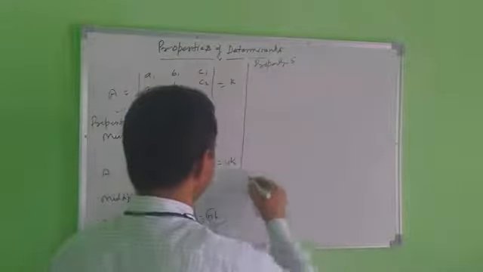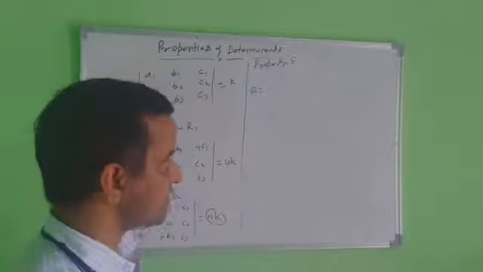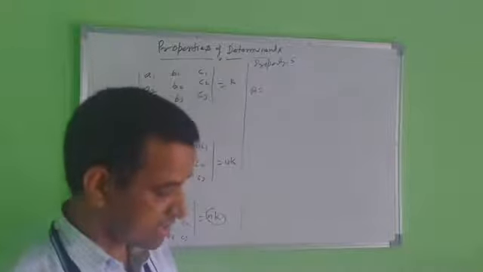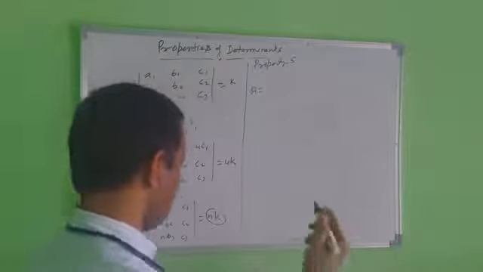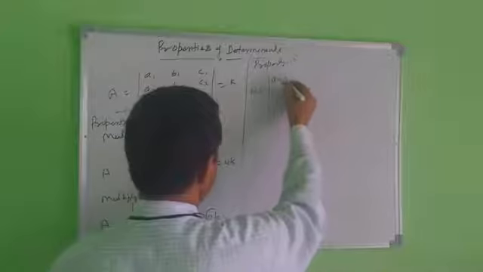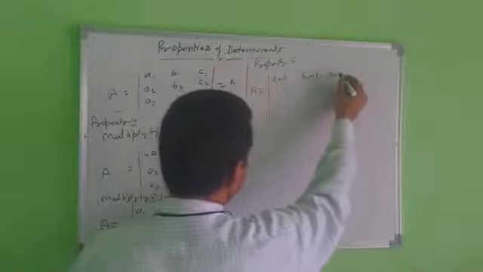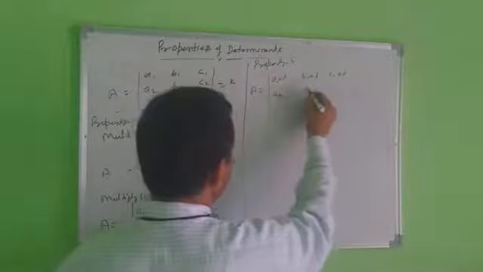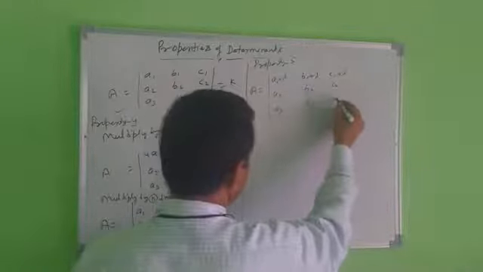Suppose any determinant has two or more terms in any row or any column, then you can express it in terms of those. Suppose you are given a1 plus lambda, b1 plus lambda, c1 plus lambda, and the same with a2, b2, c2 and a3, b3, c3.